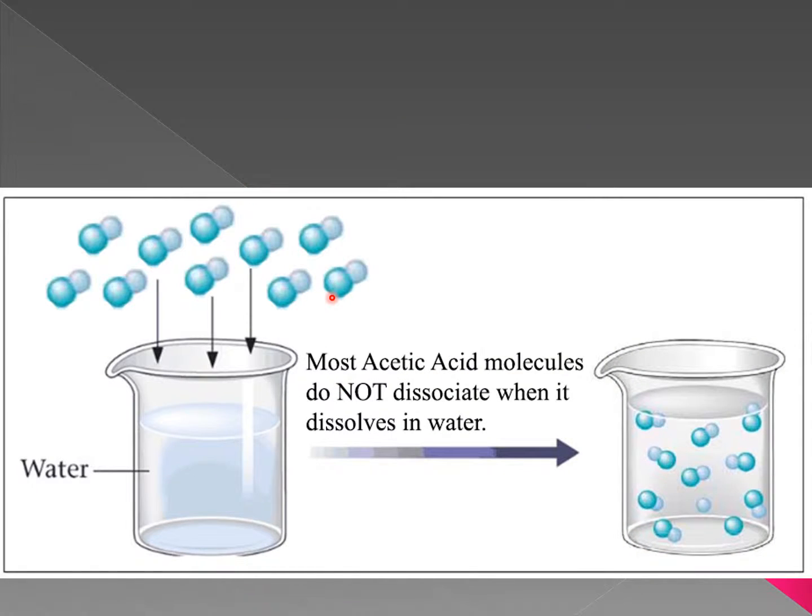In the case of acetic acid, we'll keep with our gray, meaning the hydrogen, and this blue ball will represent the acetate ion. When we put a large number of acetic acids into the water, we look over here and we see that most of the acetic acid molecules are still bonded together.